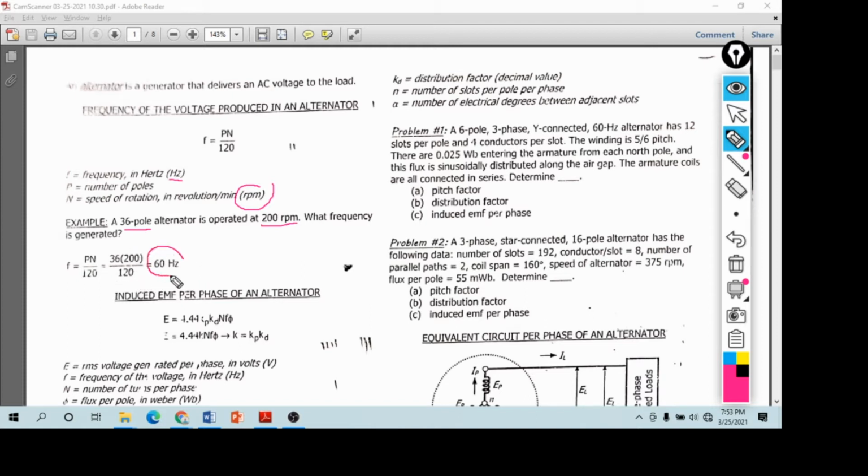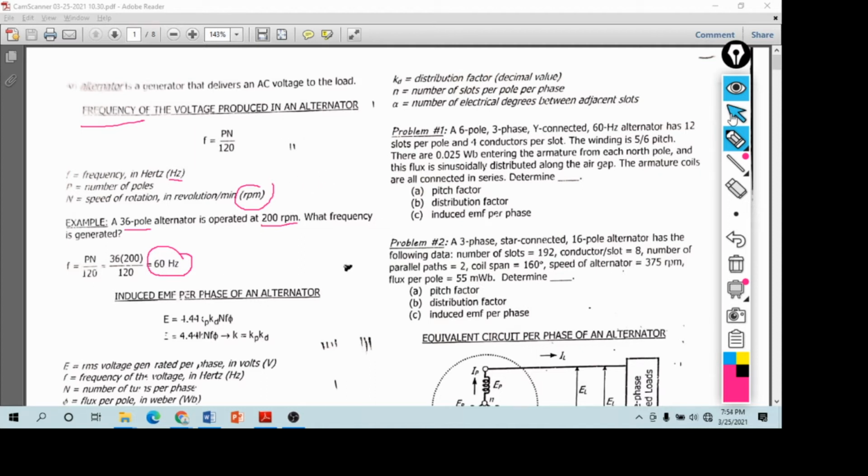So we have the frequency of 60 hertz. Okay, so 60 hertz. So in this situation, the frequency is directly proportional to the number of poles and the speed of rotation N.